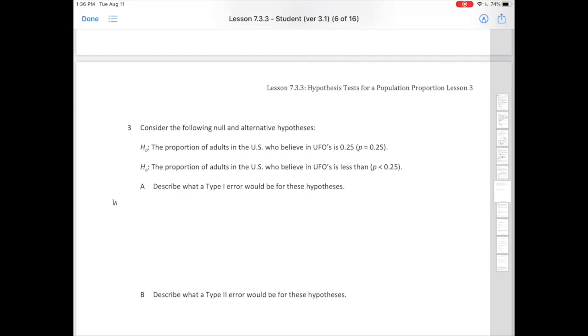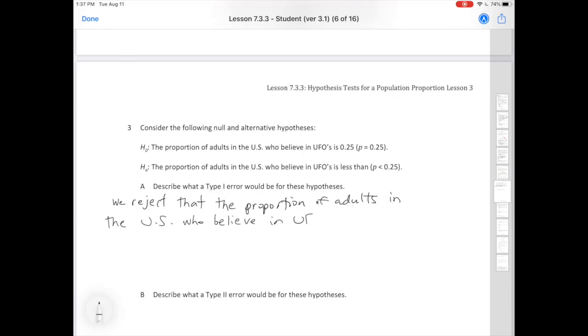So this means we reject that the proportion of adults in the US who believe in UFOs is 0.25 even though it is true. So this would be a type 1 error.